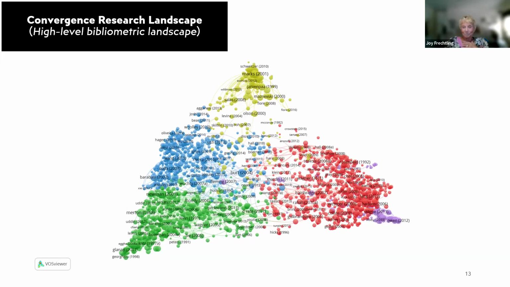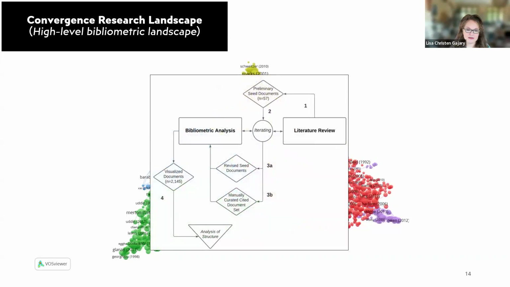If you go to the next slide, just to give our general approach to the bibliometrics, we seeded this landscape using what Joy termed the foundational literature. That involved a lot of the white papers on convergence research, a lot of the early work by Rocco and Bainbridge and others.